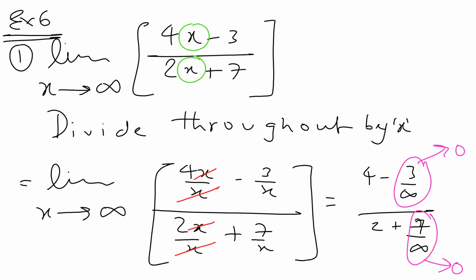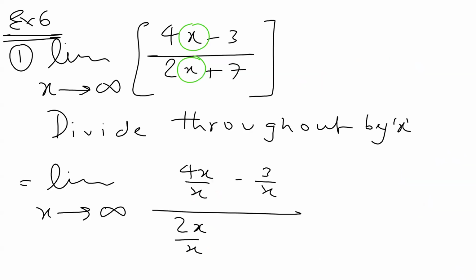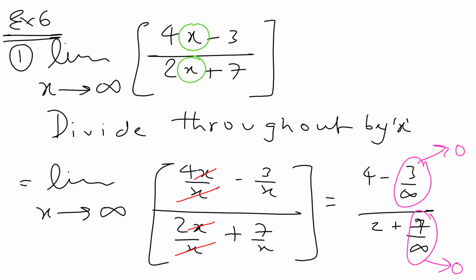Sir, can you re-explain it, please? I didn't get it. Same. Any number upon 0 is not defined. And what is x upon not defined? 0. Any number upon not defined is 0.